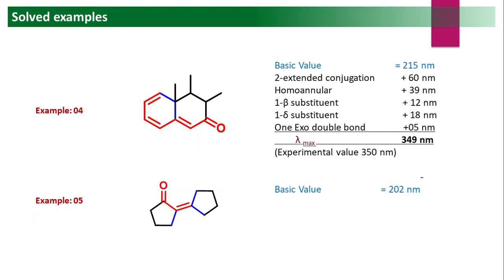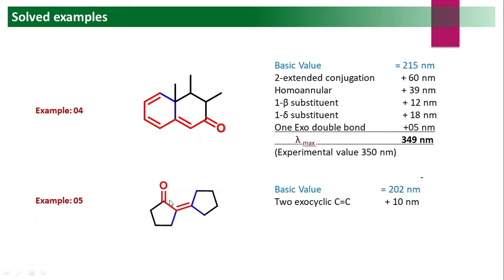Is there any exocyclic double bond? Yes, there are two exocyclic double bonds. This double bond is exo to this ring, and this double bond is also exo to this ring. So we have to add 10 nanometer for the two exocyclic double bonds. Now you see the substituents.